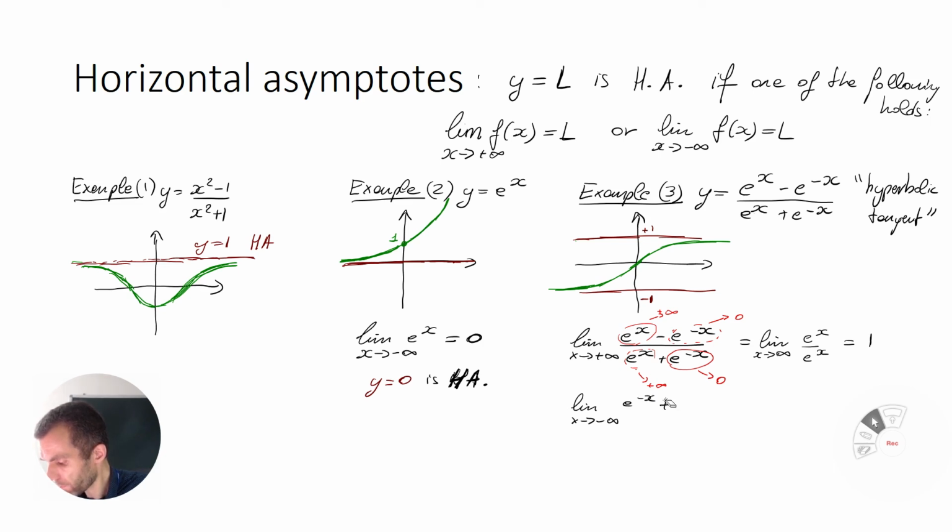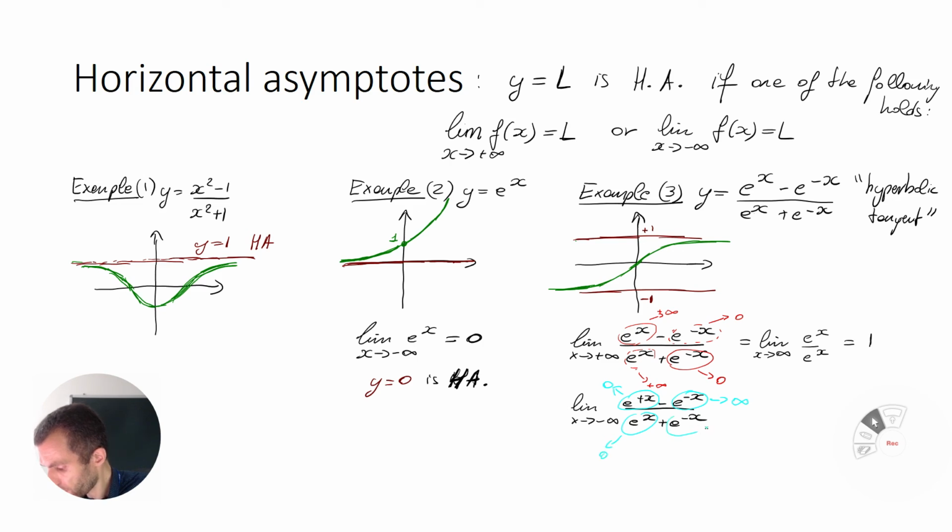And then you can do the same thing for x going to minus infinity. Now it's going to be this term that's going to go to 0. If x becomes more and more negative, e to the minus x is going to become larger and larger in the positive sense.